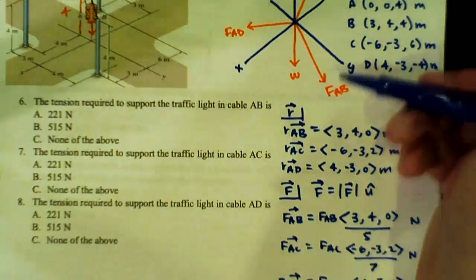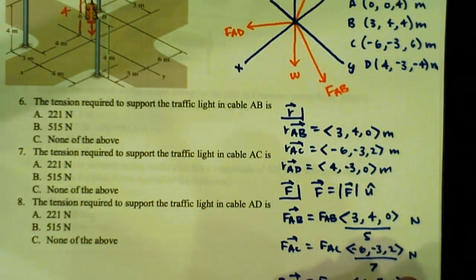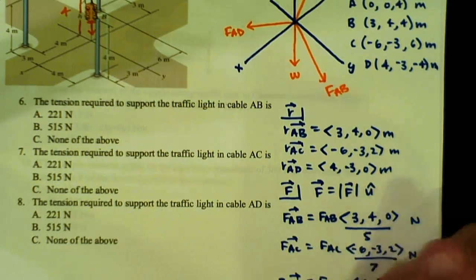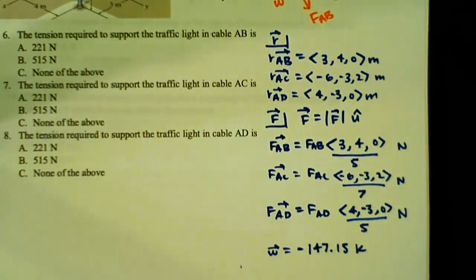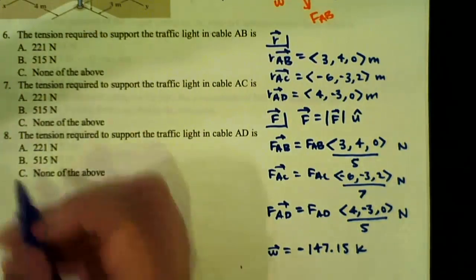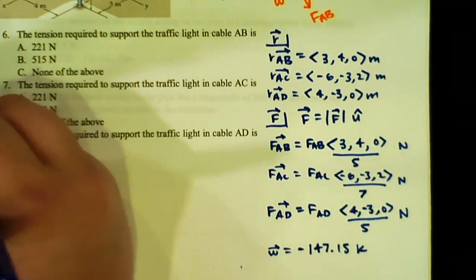And then we also have the force vector from our weight, which is 147.15 pounds, acting in the negative K direction. Okay. So now we know what our force vectors are, so we can use those in our equilibrium equations.